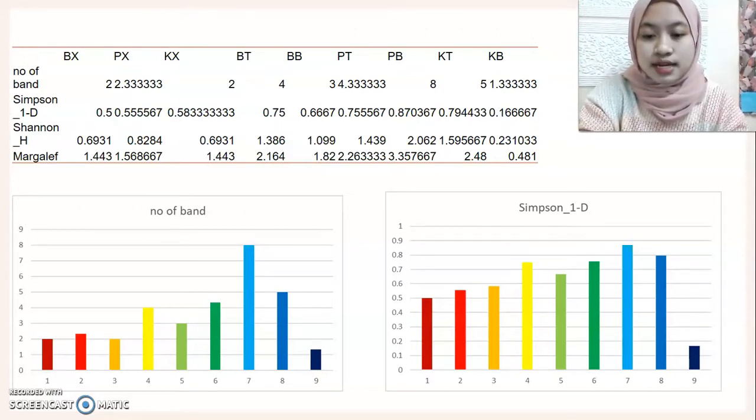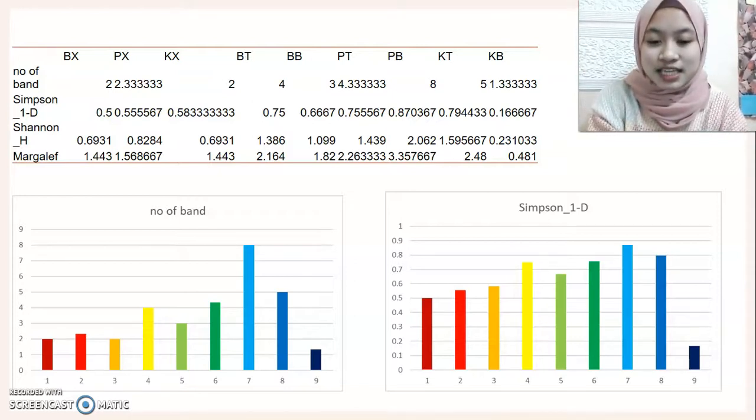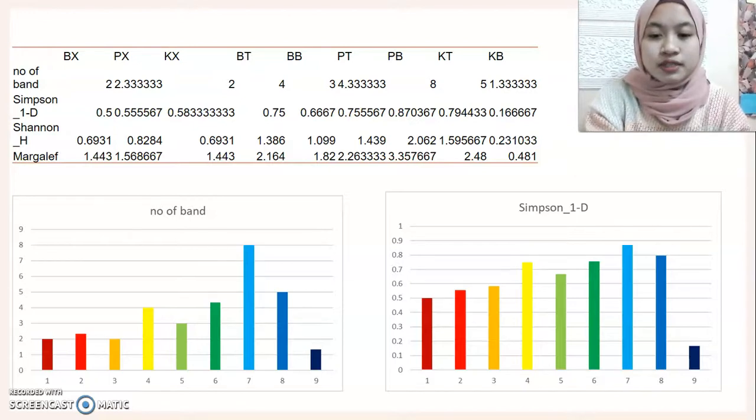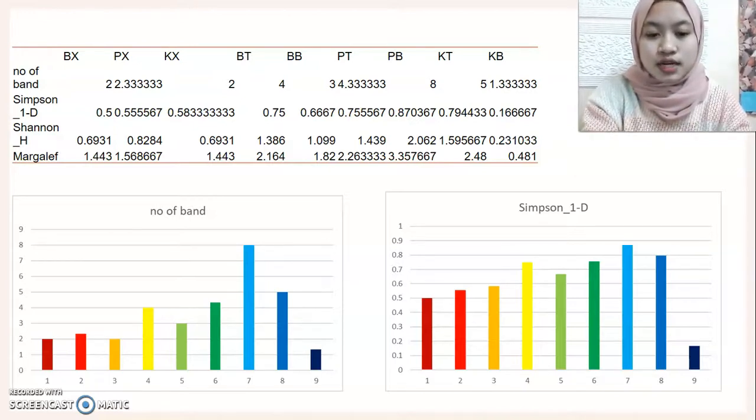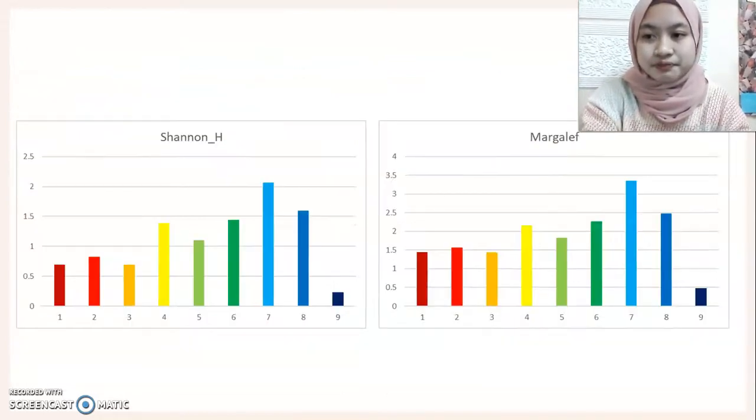Shannon is to characterize the species diversity in the community. For Margalef, we want to calculate the species richness within the area.